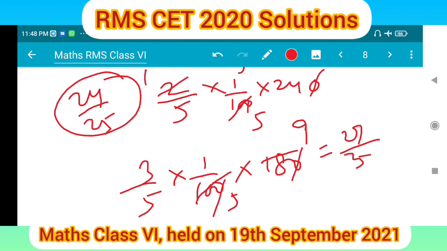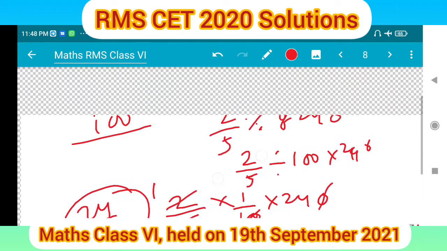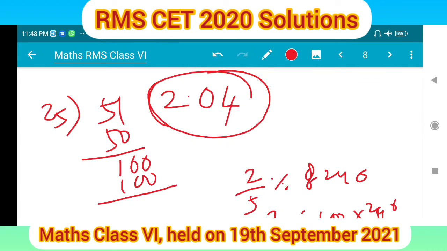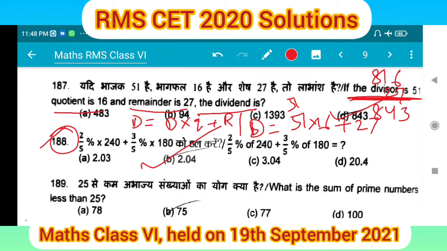So add 27 by 25 plus 24 by 25. 27 plus 24 is 51. 51 by 25 I have already done. 51 by 25 is 2.04. Right? This is 2.04.